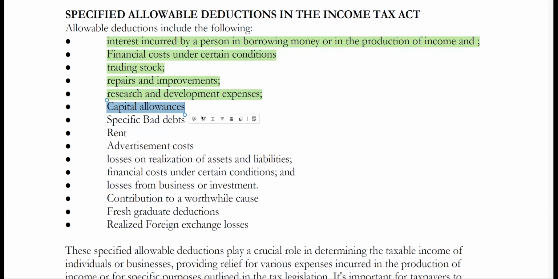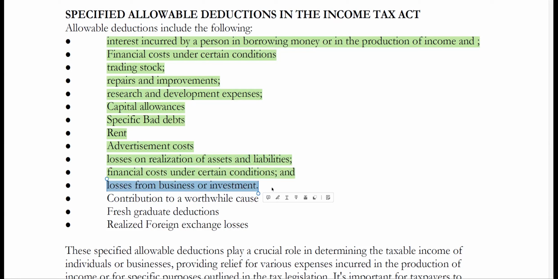Capital allowances, specific bad debt, provided that we pursue the debt and we couldn't get our money. Rent, provided that all the rent is wholly, exclusively, and necessarily incurred. Advertisement costs when it relates to revenue expenditure and not to signboards and signposts that secure benefit for more than a year. When you sell assets and you lose, financial costs under certain conditions, I've already mentioned them.